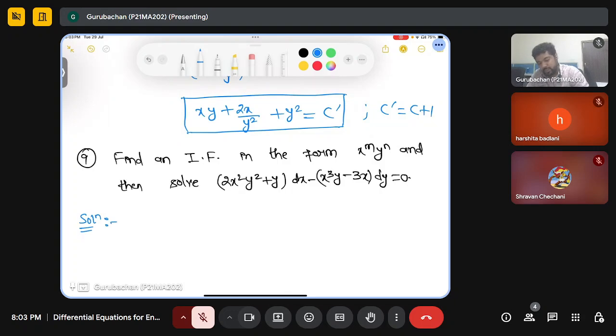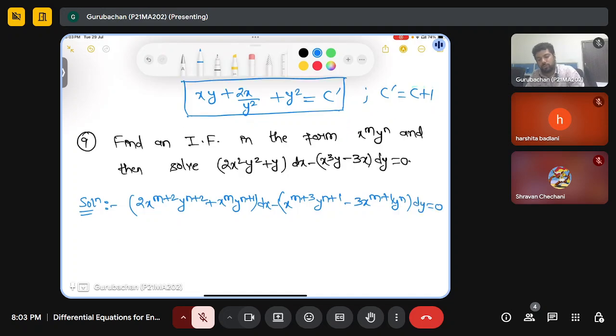If you multiply x to the power m and y to the power n with the differential equation, you will get (m plus 2, n plus 2) dx, and this will be with a negative sign, (n plus 3) y to the power n plus 1 minus 3x to the power n plus 1 y to the power n dy is equal to 0.